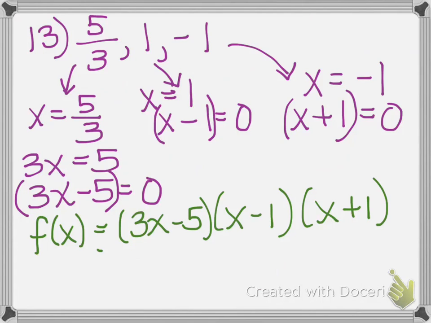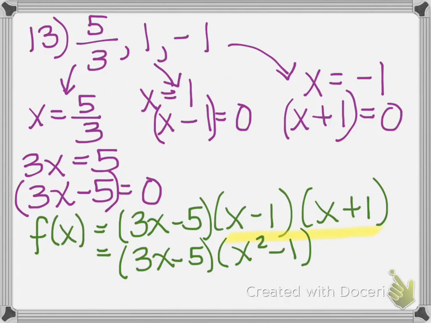So I want to be smart about this. I notice that x minus 1 times x plus 1 is going to give me a nice difference of squares. So that doesn't require a whole lot of brain power. I just know it's going to be x squared minus 1 when I FOIL it out. Now I'm going to FOIL out these 2. The F is 3x cubed.